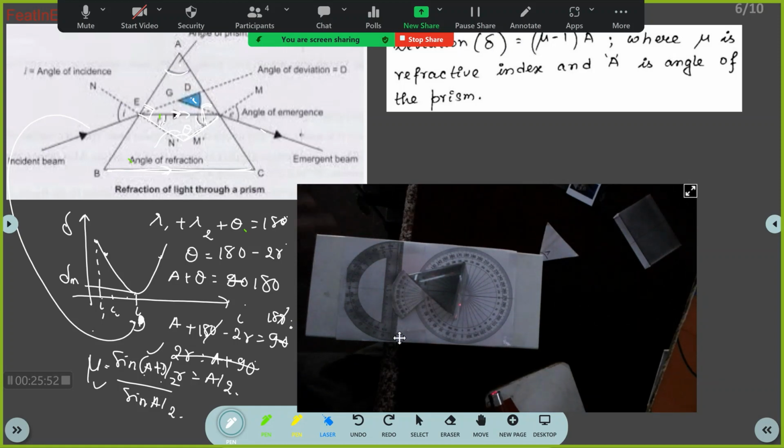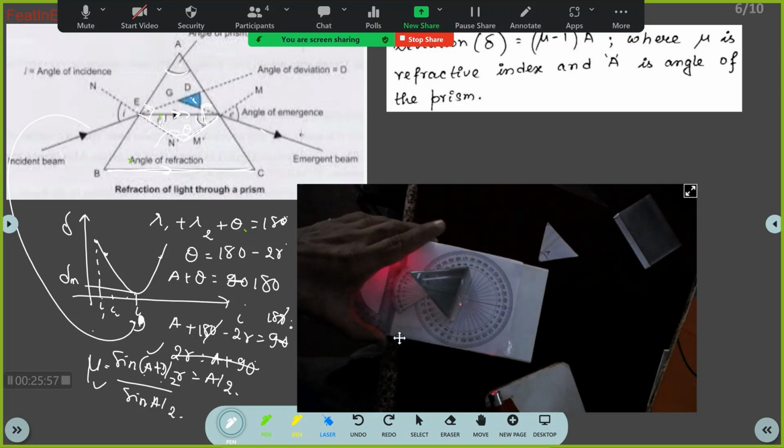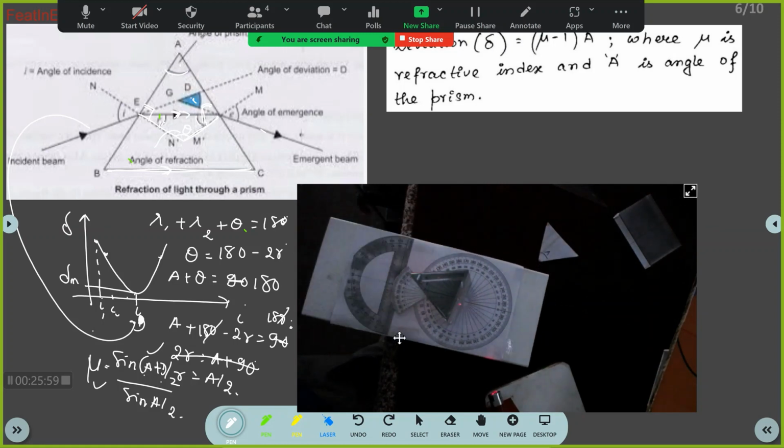So I will demonstrate that. Now you can see there is a laser beam acting on this side of the prism. Can you see? Yes, sir.